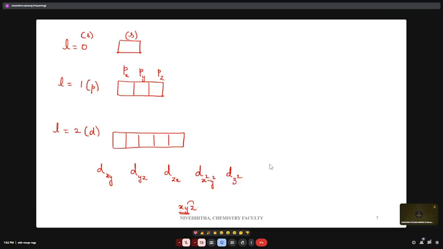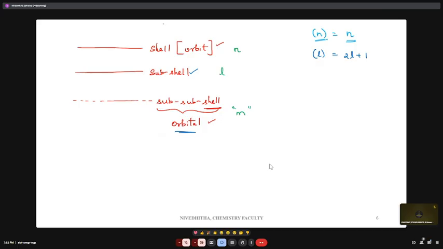So these are all magnetic quantum numbers. Fine. So we have done with 3 quantum numbers: principal, azimuthal, and magnetic. The number I've given for the shell is the principal quantum number. The number for the subshell is the azimuthal quantum number. The number for the orbital is the magnetic quantum number.